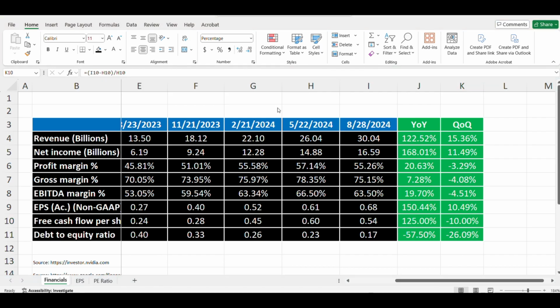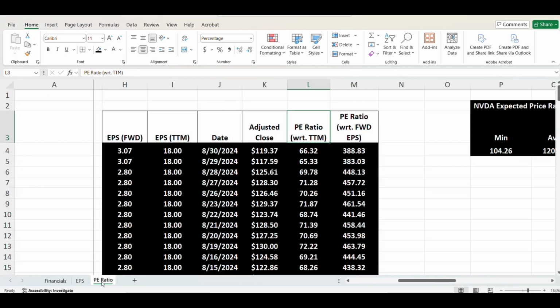Now let's try to discuss EPS actuals versus projections and the forward PE to calculate the price range for Nvidia for this quarter. So let's move to this tab, that is PE ratio.